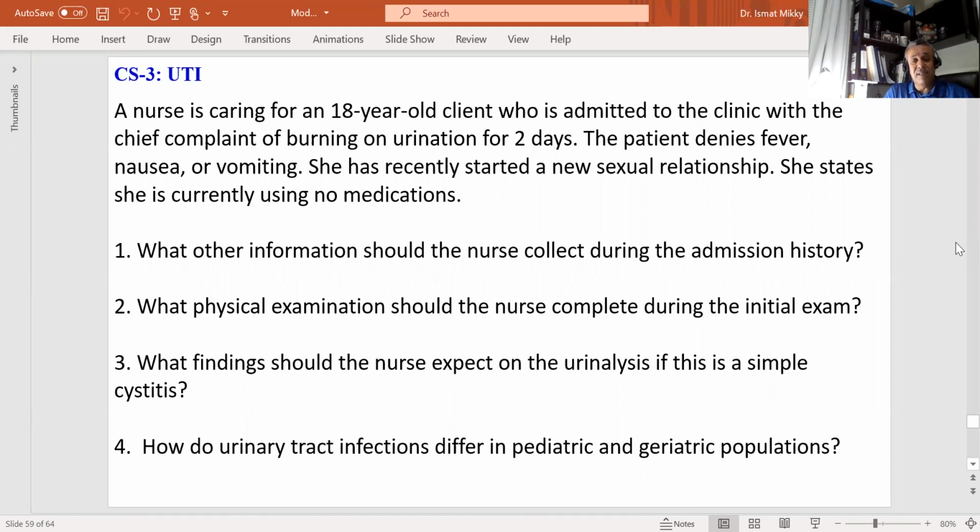There's an increased incidence of asymptomatic bacteriuria, which is asymptomatic UTI. In other words, especially in women, the elderly will develop the UTI and the only manifestation would be just confusion.